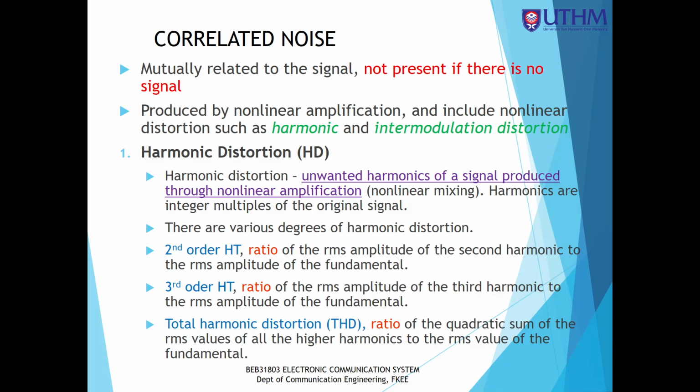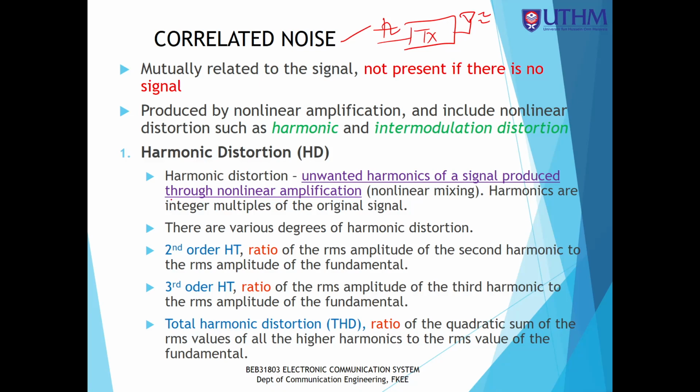So this noise is only present when there is an input signal, as I drew previously. For example, a transmitter over here. If we have the input signal, then some processes happen within the transmitter, and it will produce correlated noise due to this input signal.